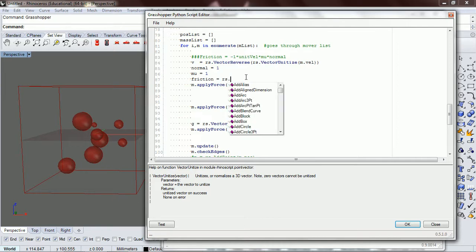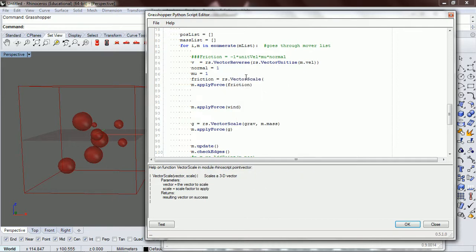So rs vector scale, and we're going to pass in v, and we are going to scale by mu times normal. Now you'll notice that we have 1 and 1 here, so we really don't need this line of code, but if we want to affect these variables in the future, it's just easier to put them in now.